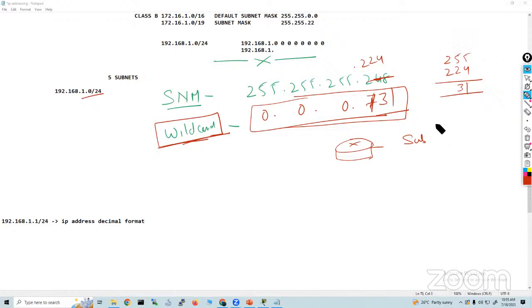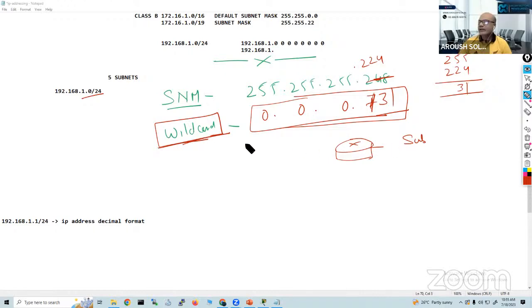Lakshman? Yeah. See, when we give this wildcard mask, the router will understand that this network has been subnetted. It means all these high bits will be broadcast and multicast if required. It will send all the updates to all these subnets.